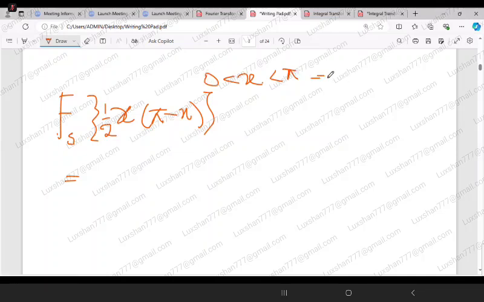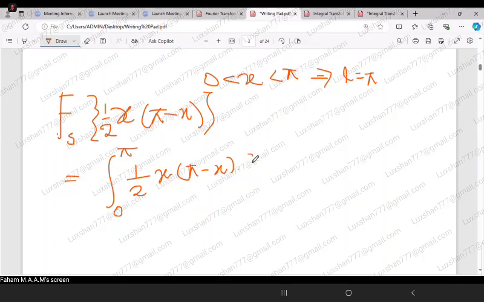So this implies my L is equal to pi. Therefore, I can write it as integral from 0 to pi of half times x into (pi minus x) into sine of n pi x over pi dx.